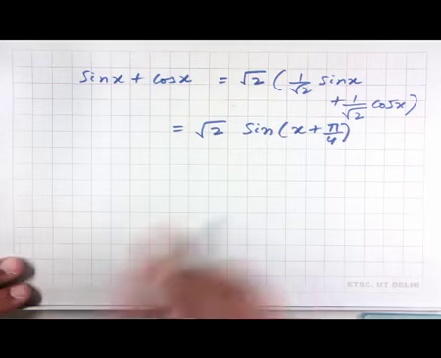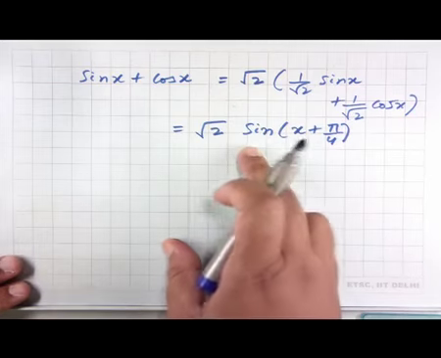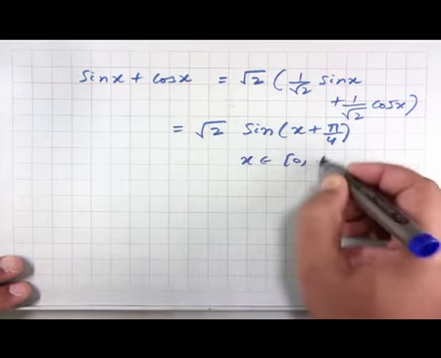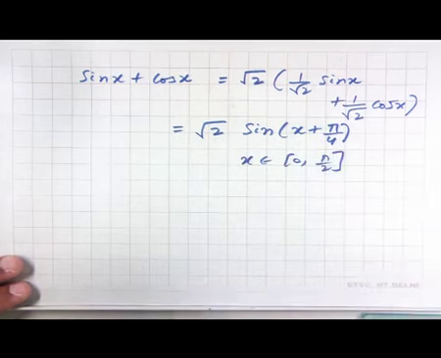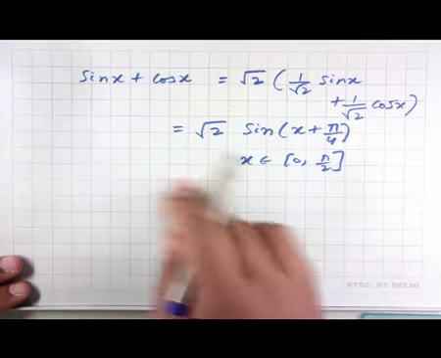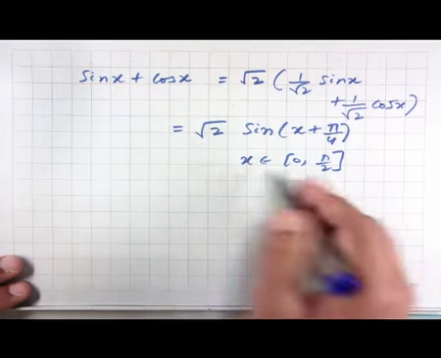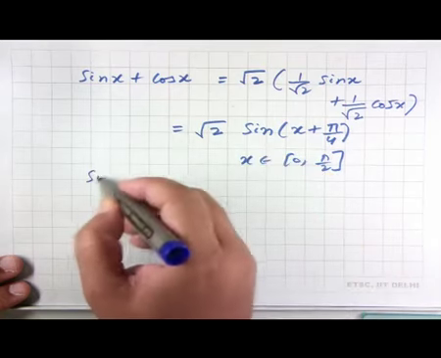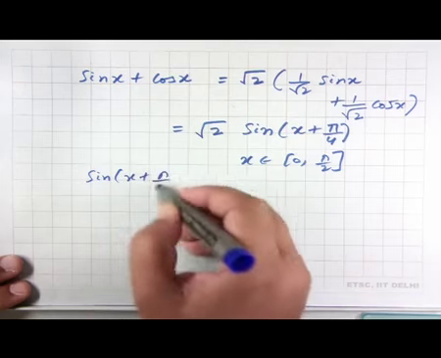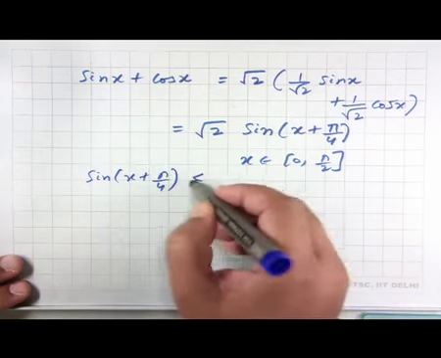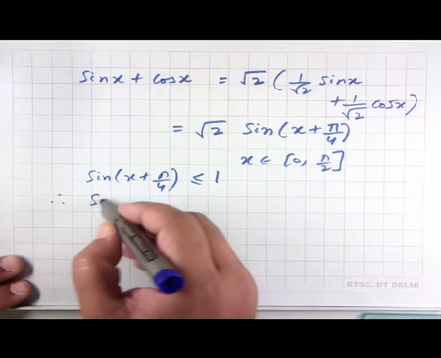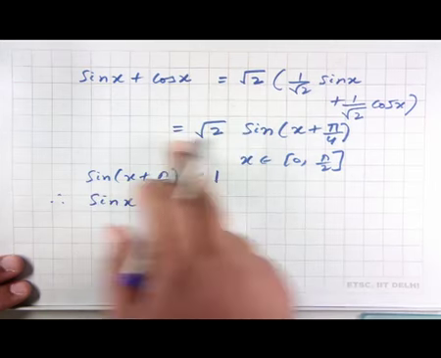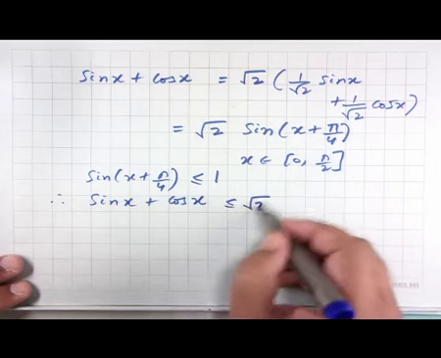But the value of sin of x plus pi by 4 for any x has to be less than or equal to 1, and therefore, sin x plus cos x from this equality has to be less than or equal to root 2.